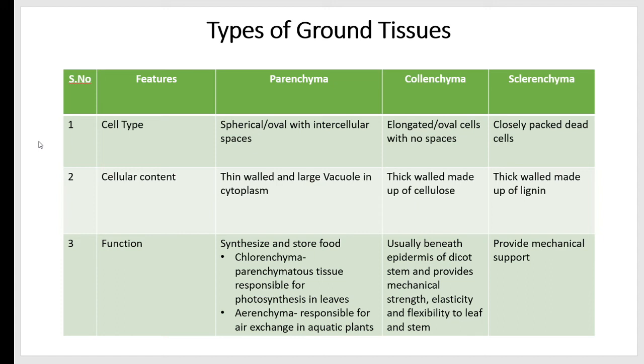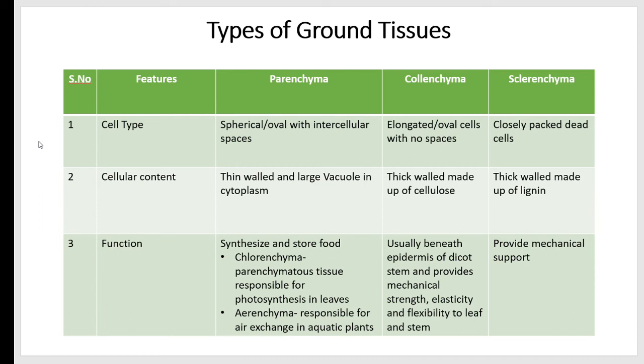So, function. Basically, parenchymatous tissues are responsible for storage, and there are two types of parenchymatous tissues present in the plants. One is chlorenchyma, which is responsible for photosynthesis, and one is aerenchyma. Aerenchyma is responsible for air exchange in aquatic plants, that means in water plants.